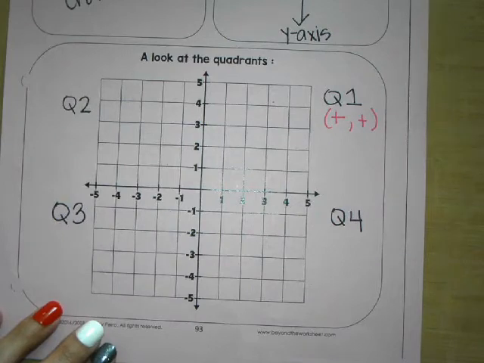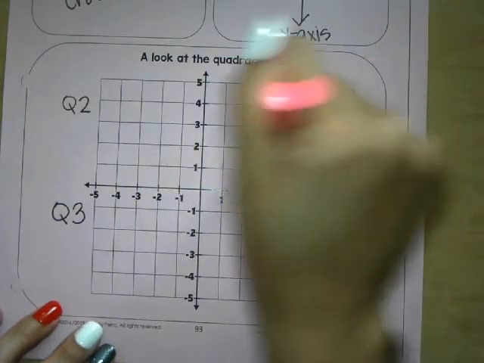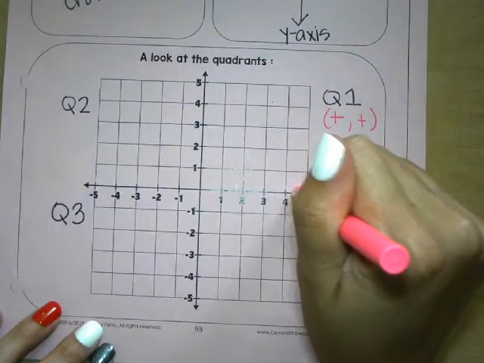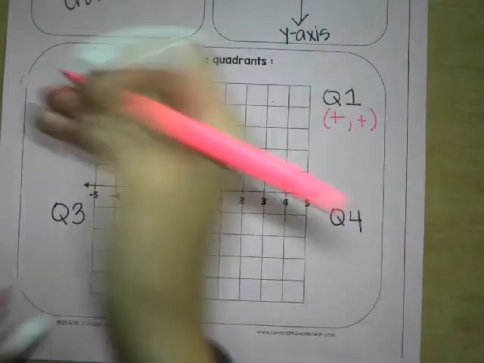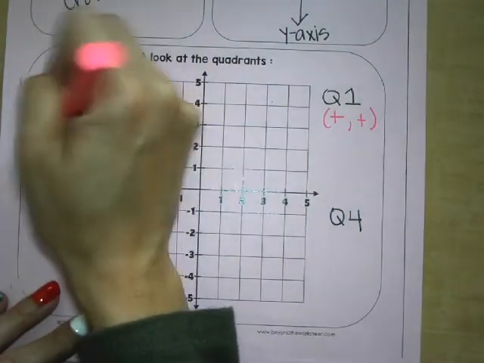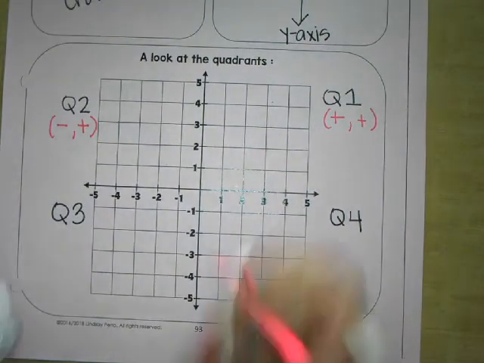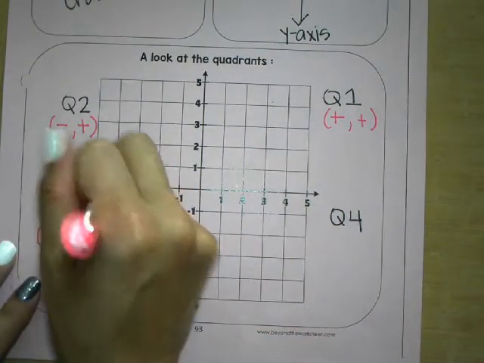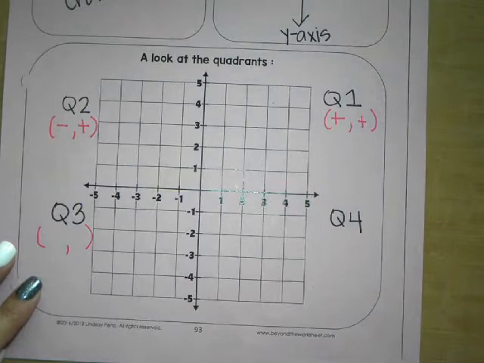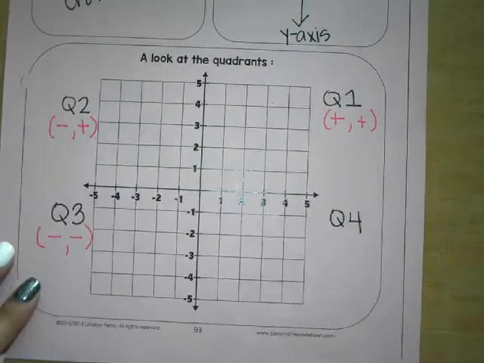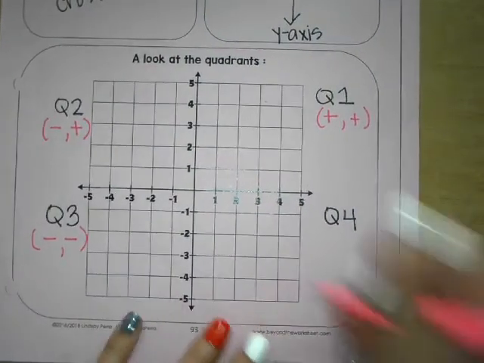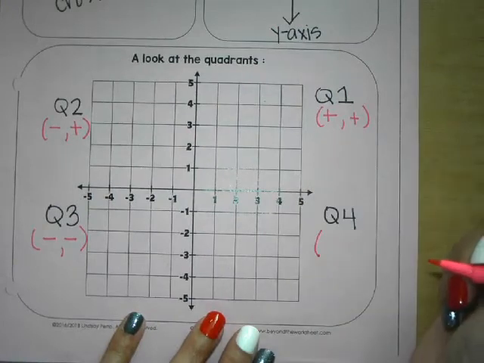So remember that you start in your positive, and then you go counterclockwise. So quadrant 2 has what type of numbers? It's a negative, positive. Quadrant 3 has what type of numbers? Negative, negative. Quadrant 4 has what type of numbers?